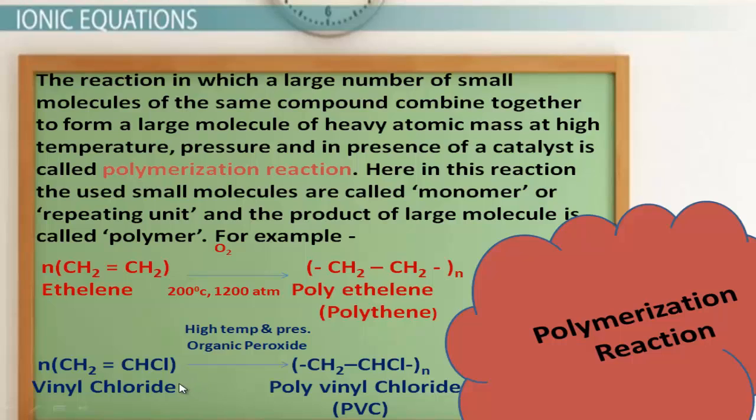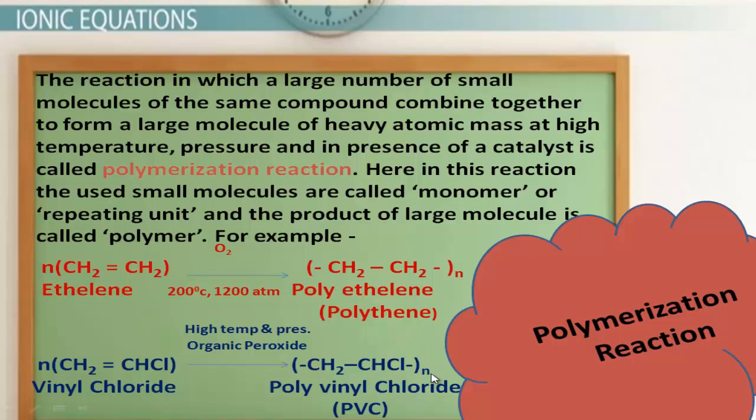Also another example, follow here, vinyl chloride. The formula of vinyl chloride is this. So an innumerable number of vinyl chloride molecules combine together at high temperature, pressure and organic peroxide catalyst and produce what? Polyvinyl chloride. Just here the double bond is broken down and converted into a single bond.